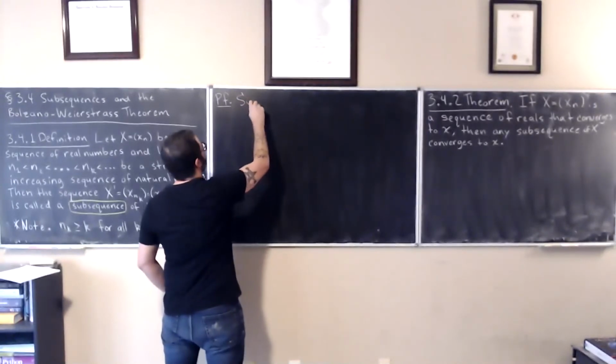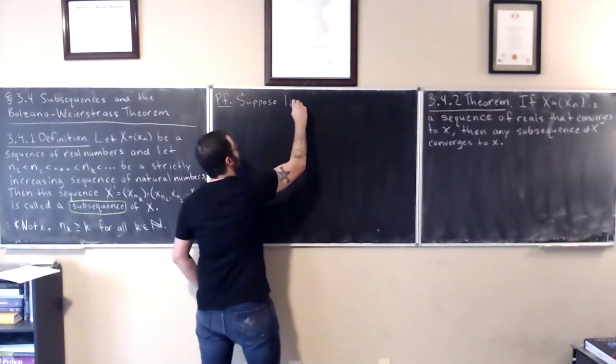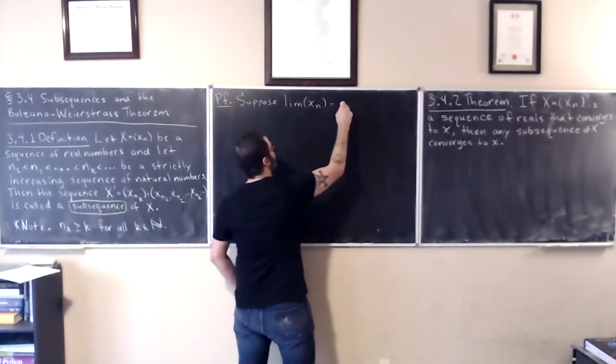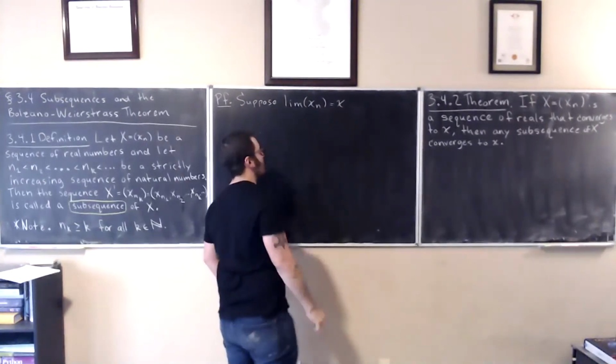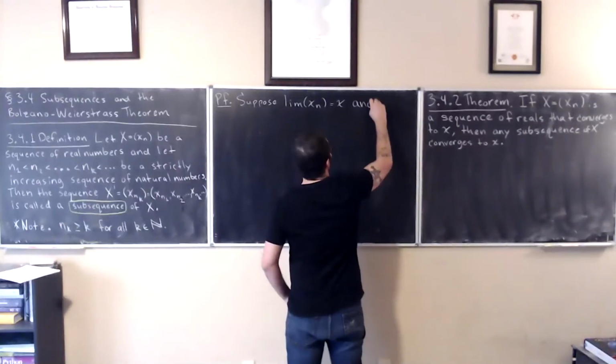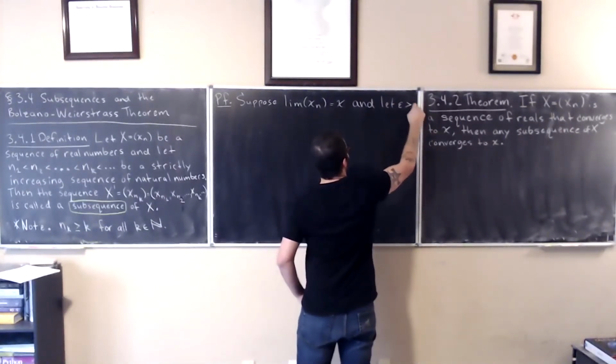Maybe start by saying, suppose the limit of the sequence xn is equal to x, and let epsilon be greater than 0.